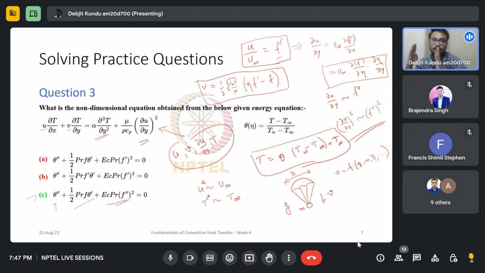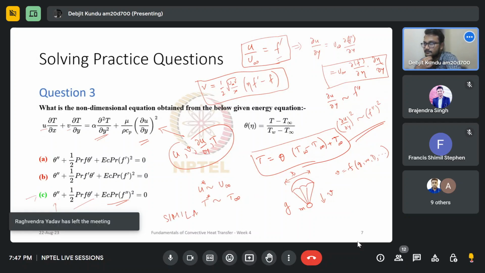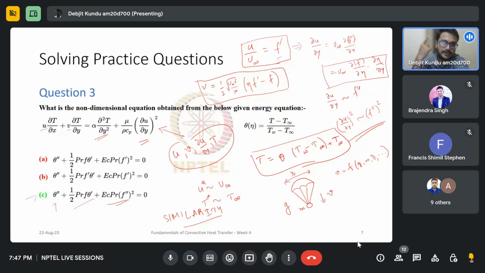In order to relate those two different conditions, I have to maintain what is known as similarity. There are different aspects of similarity, like kinetic similarity, geometric similarity, and dynamic similarity.